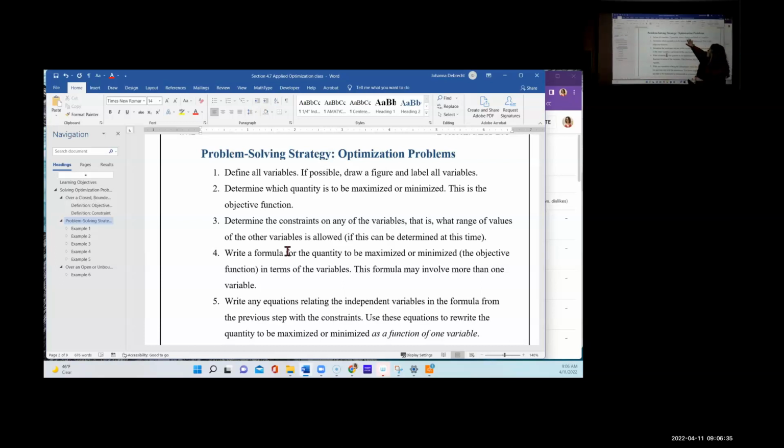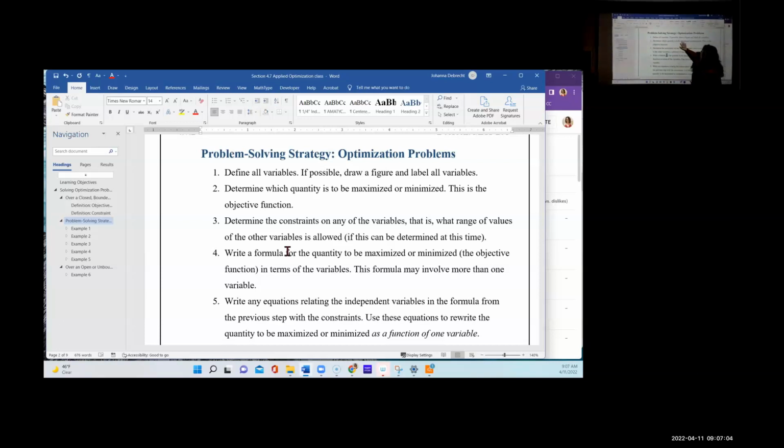So the first thing you're going to want to do is define all the variables. So you're going to read the problem first, one time through, just to get a vague idea of what you're talking about. Then you're going to go back, just like in related rates, and break it down into the parts of speech, about every 2 to 3 words. And you're going to draw a figure and label all the variables.